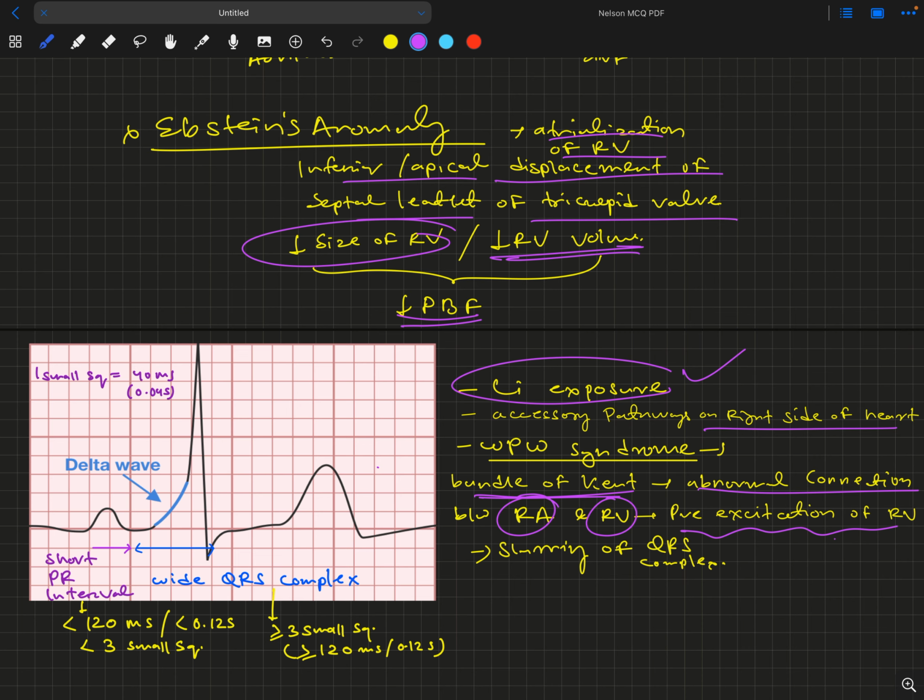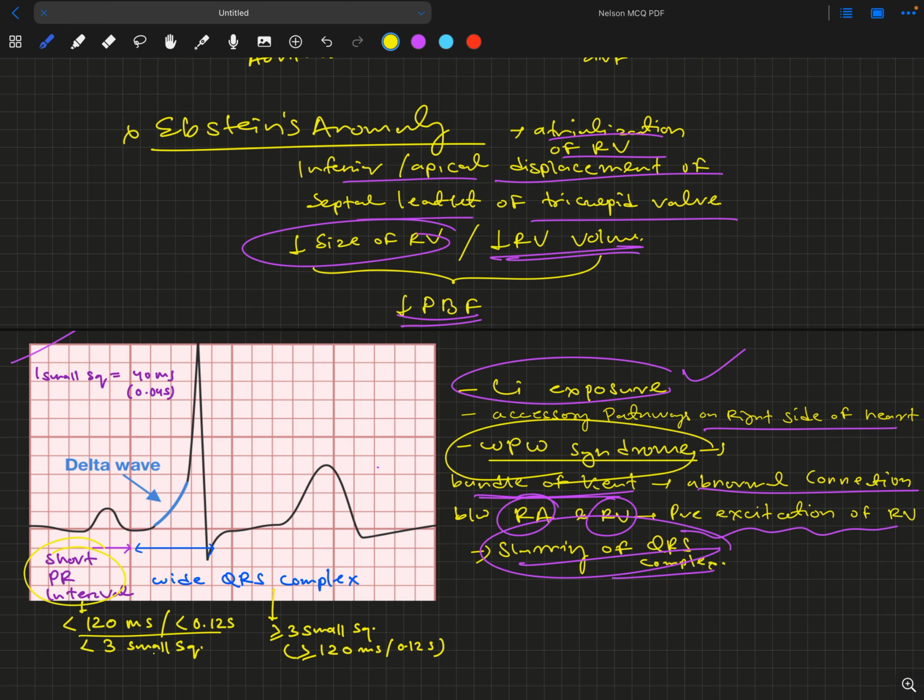Pre-excitation of the right ventricle leads to slurring of the QRS complex. So this is the ECG finding in case of WPW syndrome or Wolff-Parkinson-White syndrome. In that condition we see a short PR interval, less than 120 millisecond or less than 0.12 second, less than 3 small squares.